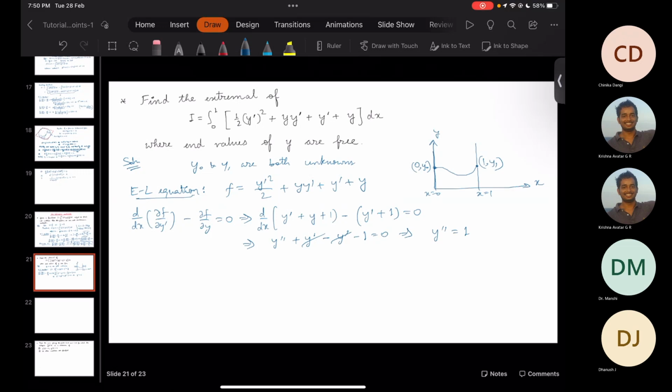Okay, so let's integrate twice with respect to x.